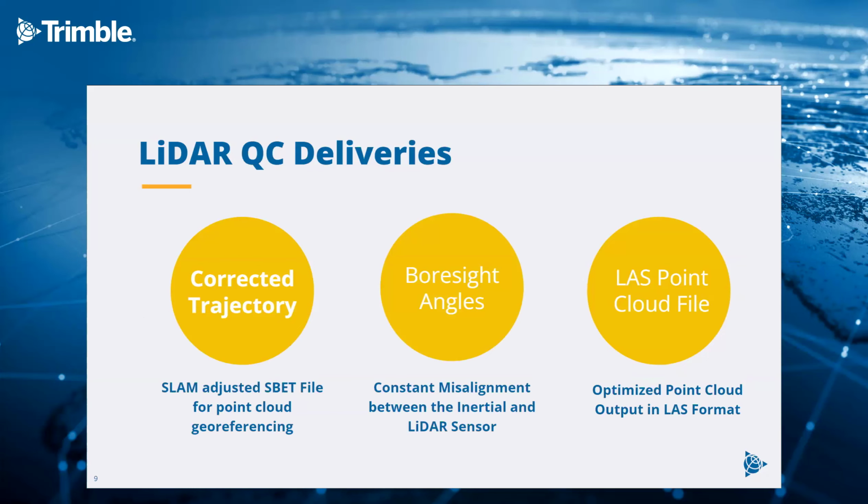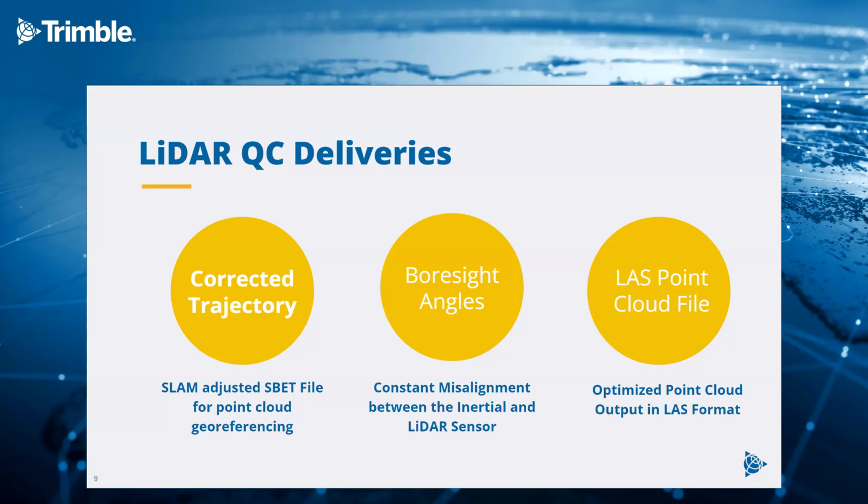And beside the corrected trajectory, LiDAR QC can also estimate the so-called Boresight angles. And Boresight angles are a constant misalignment between the inertial sensor and the LiDAR sensor. You don't want to measure, obviously, the angles for the vehicle or for the inertial system.